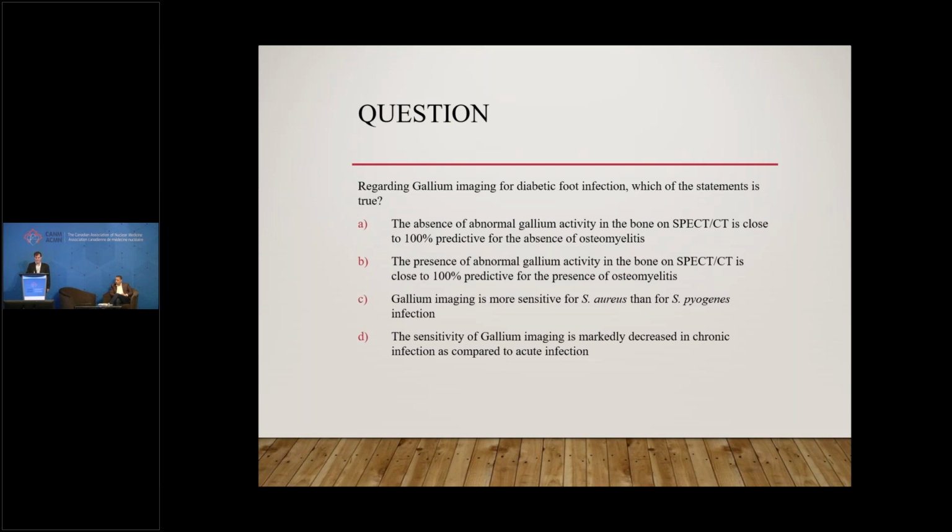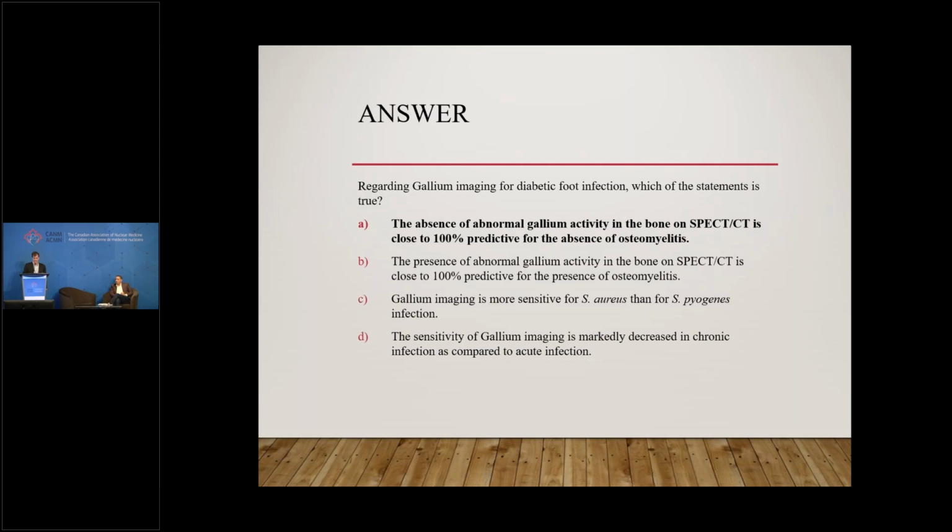Or are gallium images more sensitive for Staph aureus than Streptococcus pyogenes? Or is the sensitivity of gallium markedly decreased in chronic infection? You don't have to show me the answer. I just want to give you a couple seconds.